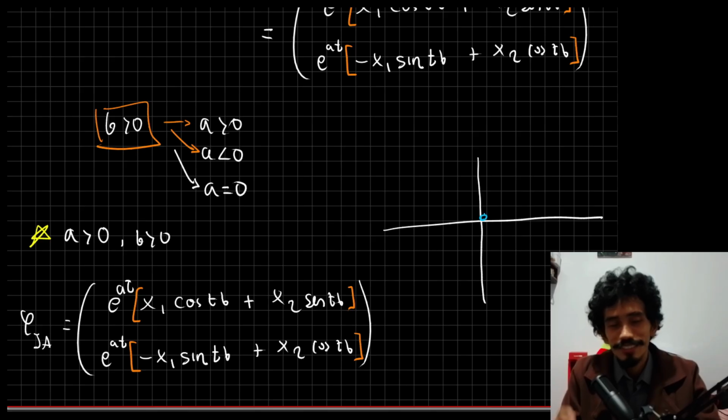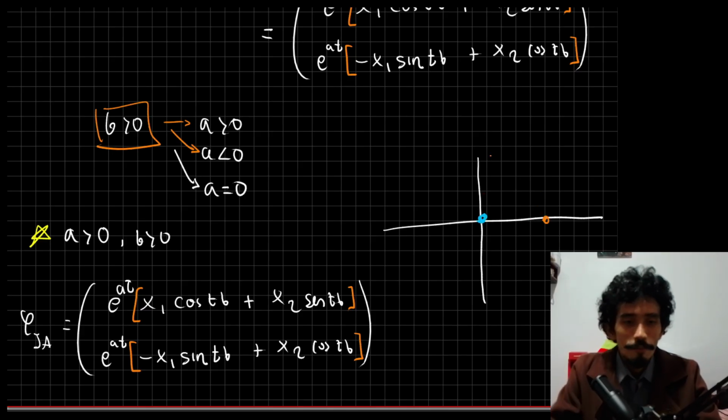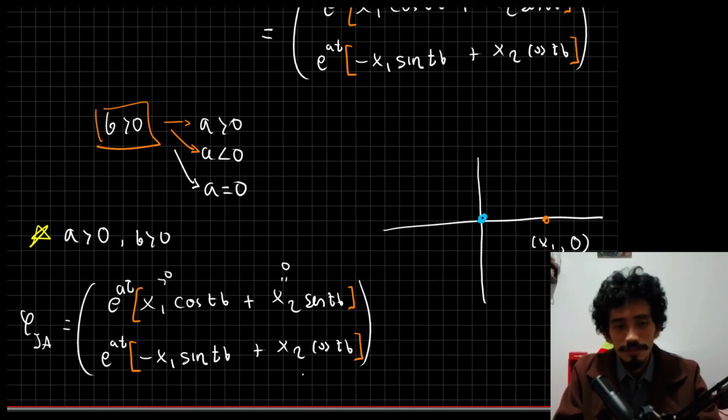The origin always stays at the origin, that's a given. And now what happens when we take a point in this axis, a point with a positive first coordinate and 0 second coordinate? So here x1 is positive and x2 is equal to 0, so this thing cancels out. Now we have a cosine of tb, and below we have minus sine of tb.